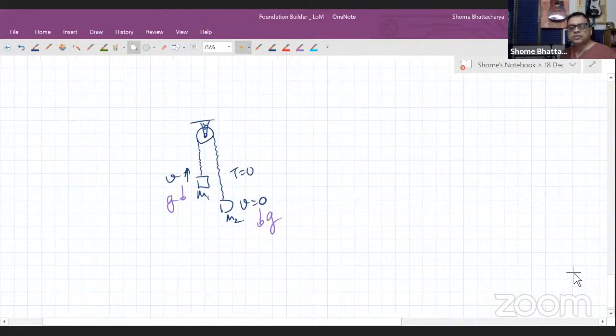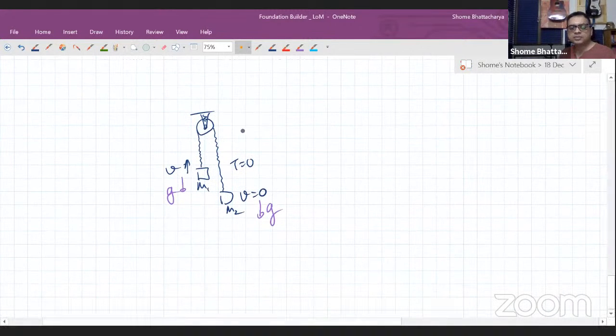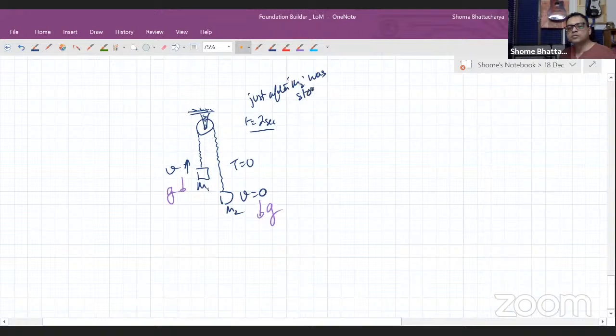This is the string, just about to become loose, at t equal to 2 seconds, just after M2 was stopped and released. Now compare this diagram alongside a bit of time later.